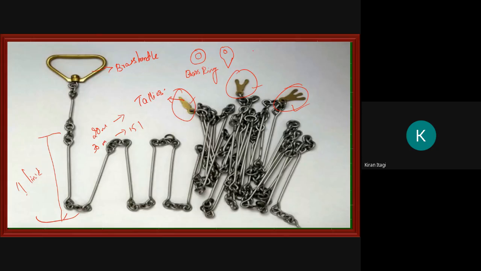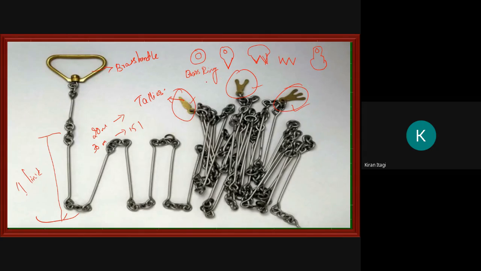Then you will have tallies like this: a single V, a double V, 3Vs, and finally a semicircle like this. I will show you the figure also.